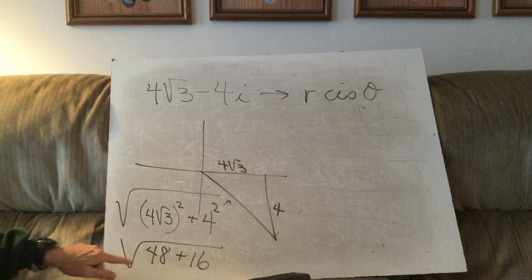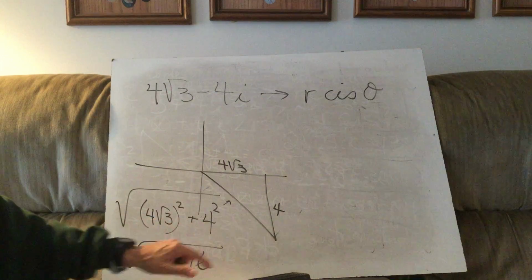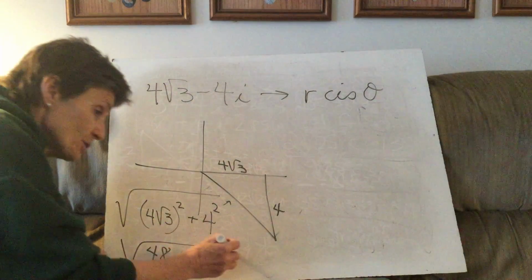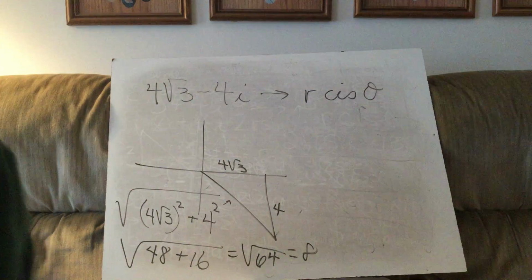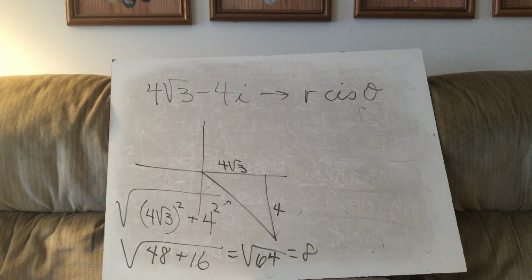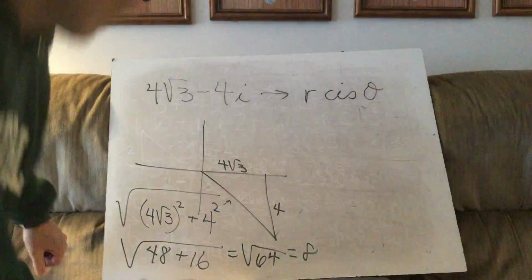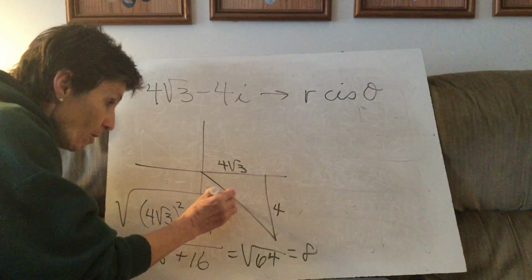So I got the square root of 48 plus 16, which is 64, and the square root of 64 is 8. So my r turns out to be 8.